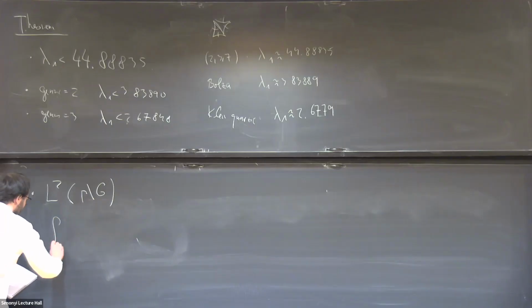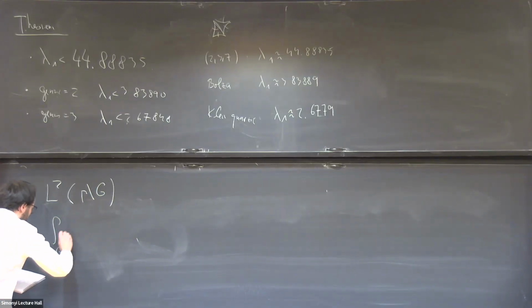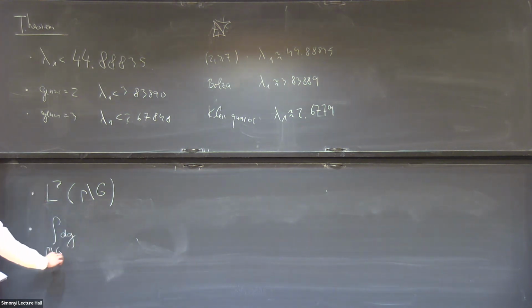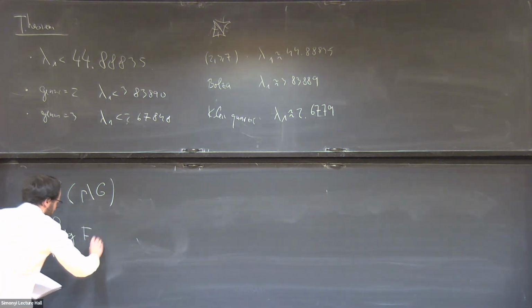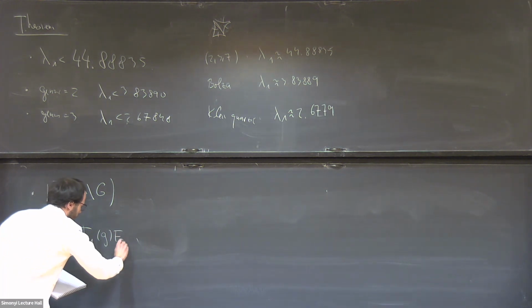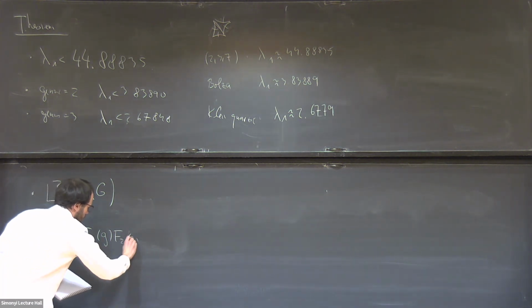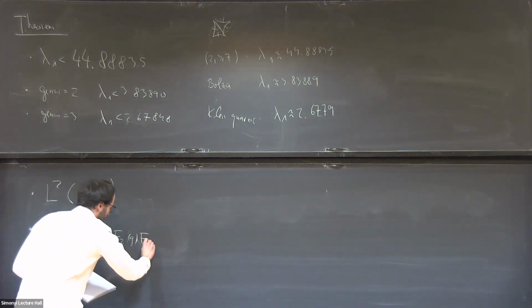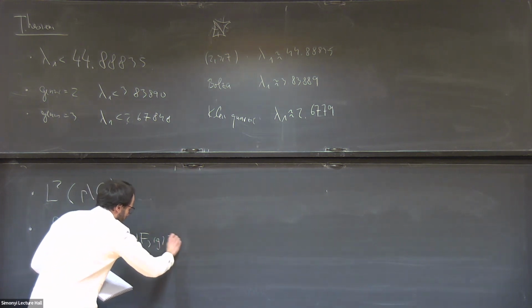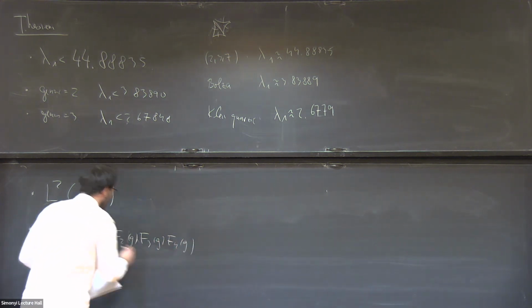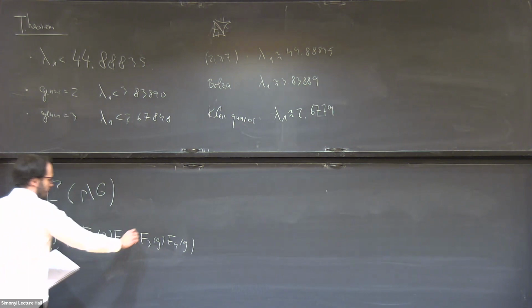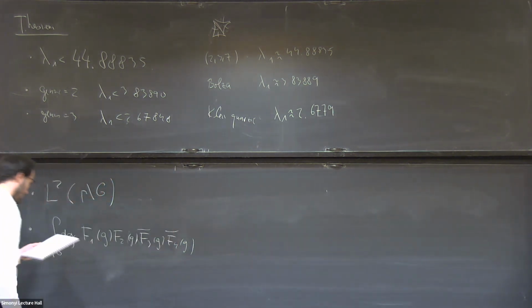And then we look at these quadruple product overlaps where you integrate over G mod gamma. What you integrate are products of 4 functions in discrete series representations. These are holomorphic discrete, and these are anti-holomorphic discrete representations.